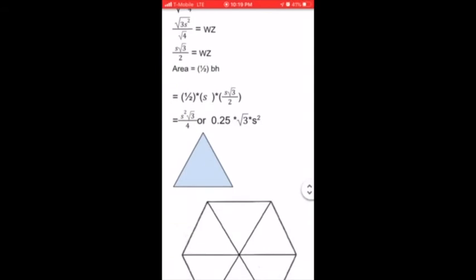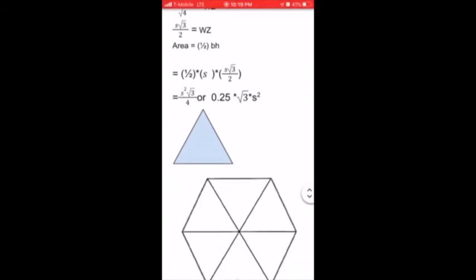And area equals 1/2 base times height in a triangle. 1/2 times s times the square root of 3 over 2. And that simplifies out to s squared times the square root of 3 over 4. Or if you like decimals, 0.25 times the square root of 3 times s squared.